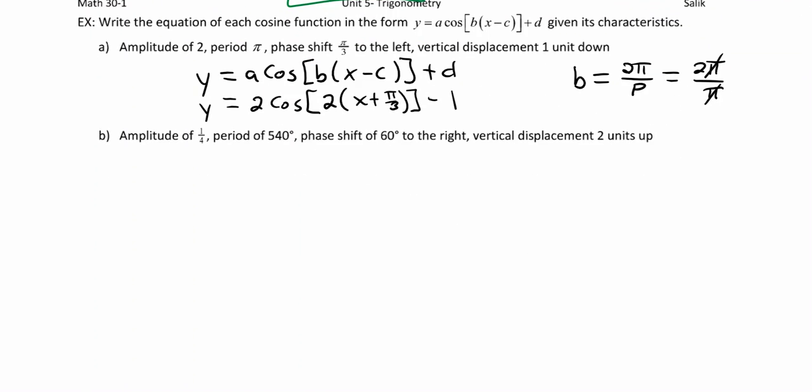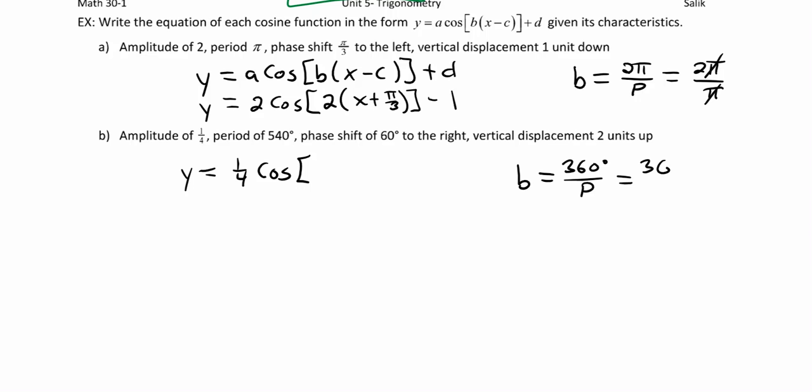And now we're just going to do it with degrees. So it says an amplitude of a quarter. So y is equal to a quarter cos. And now for the b value, I've got a little work to do again. So b is equal to, instead of 2 pi, I'm going to say 360 degrees over the period. And they told me the period was 540 degrees.